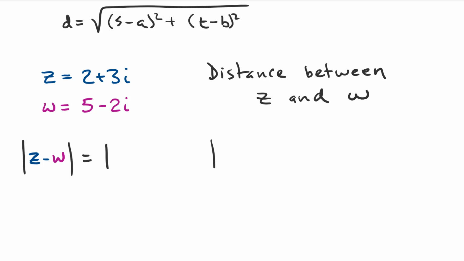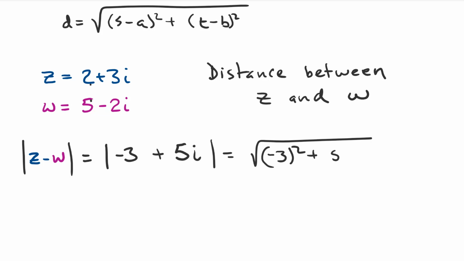Let's put that stuff in there. 2 minus 5, negative 3. 3 minus negative 2, that's 5. It doesn't matter; you could do w minus z, because we're about to take an absolute value of this thing. So that's going to be negative 3 all squared plus 5 all squared. That's 9 plus 25, which is equal to the square root of 34.